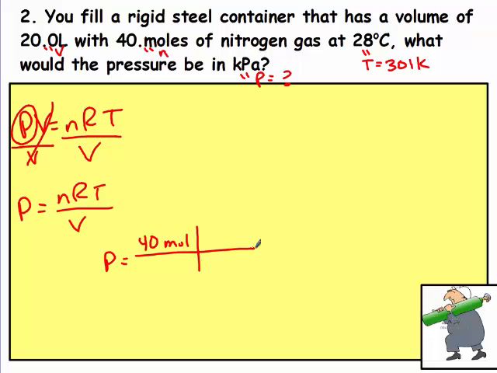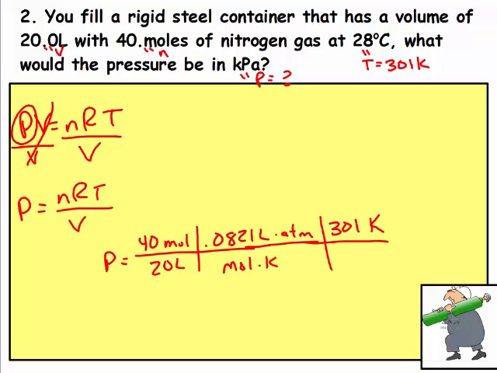My R is on top this time, so my 0.0821 liters times atmosphere is on top, mole times Kelvin on bottom. Temperature on top. And volume on bottom.